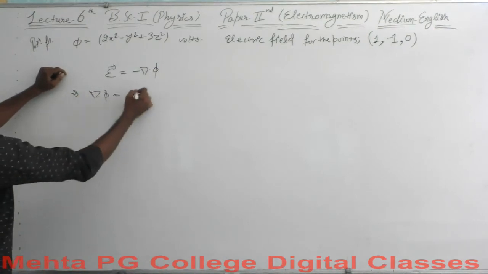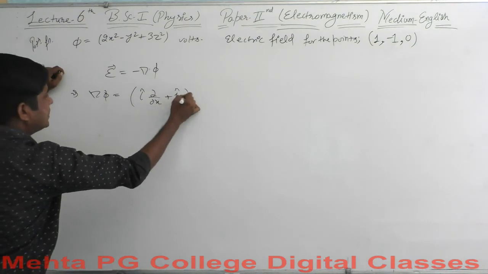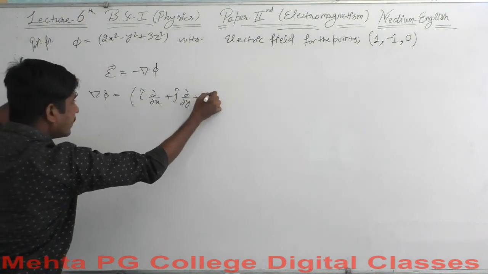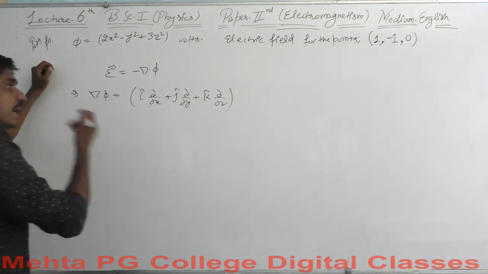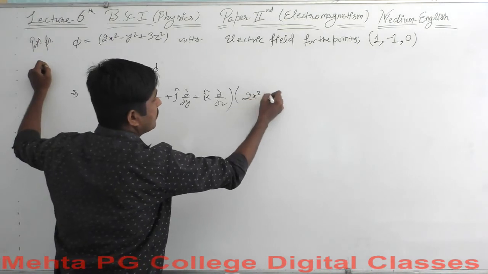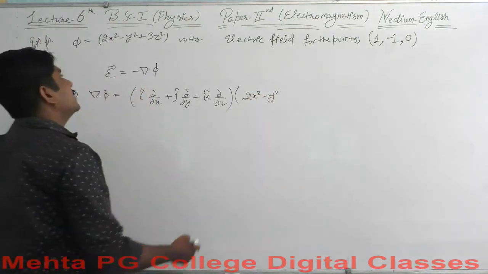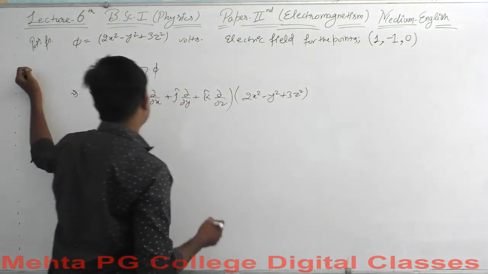So, del phi will equal i cap partial over partial x, j cap partial over partial y, k cap partial over partial z, and the value of phi is 2x square minus y square plus 3z square.